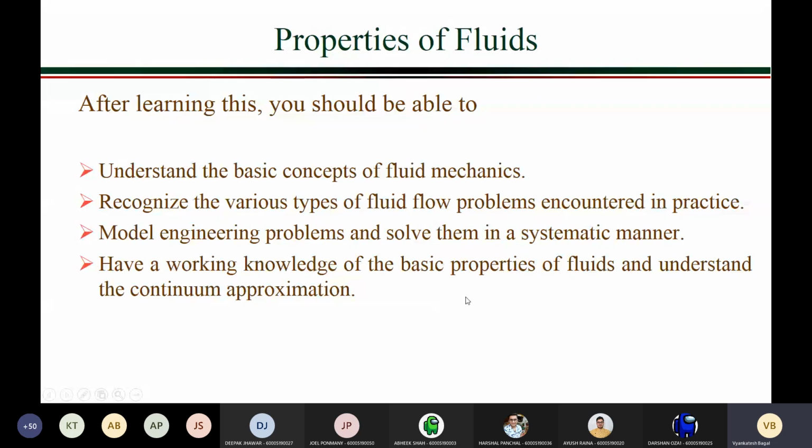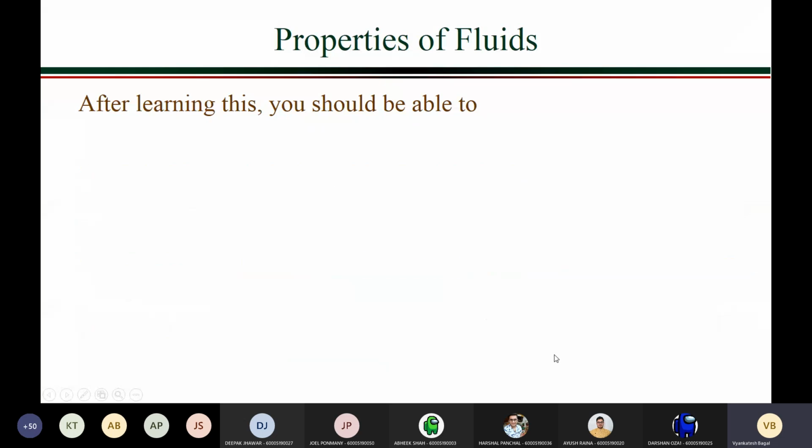At least the fluid mechanics which we are studying in the UG course. You may study fluid mechanics without making this assumption, but that scope is very limited, and that type of study is not carried out in UG courses. It will be there in PG courses, definitely. So we'll be using continuum approximation all the time.